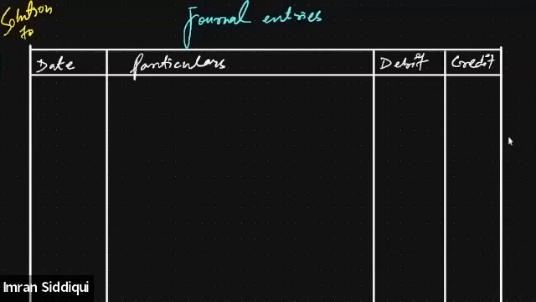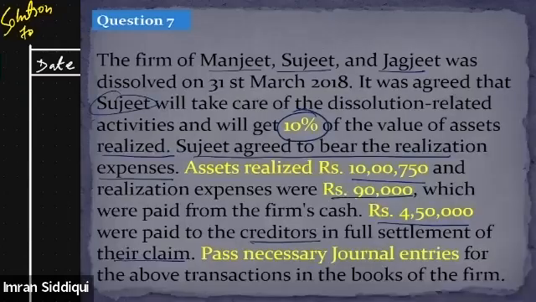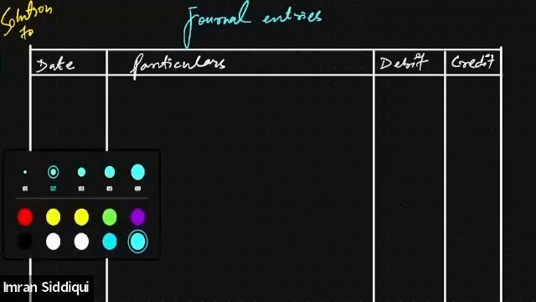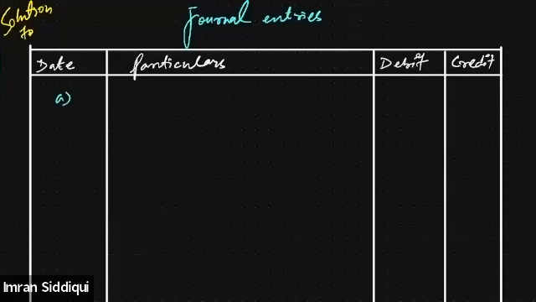Let me show you the solution of this question. First of all, the first information in the question was about the asset being realized at rupees 10 lakh 750, so we'll first write down the journal entry for this. What will be the journal entry for the realization of the asset? Cash to realization.